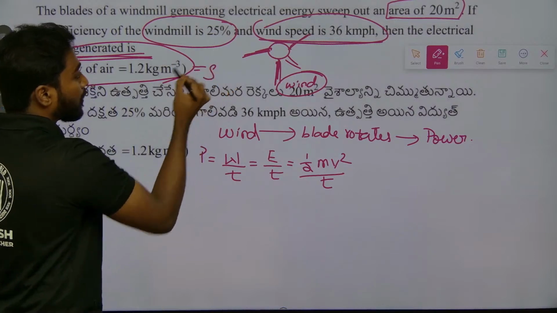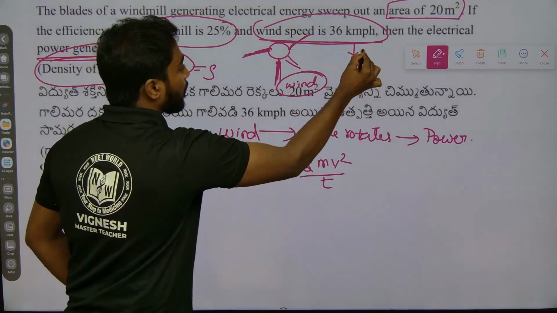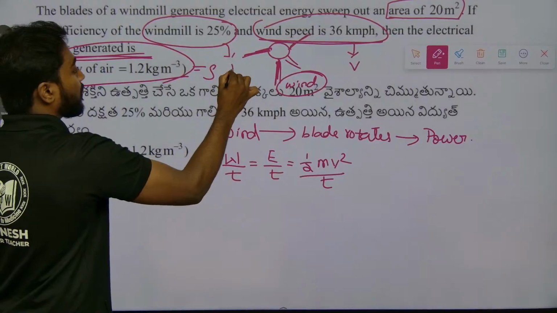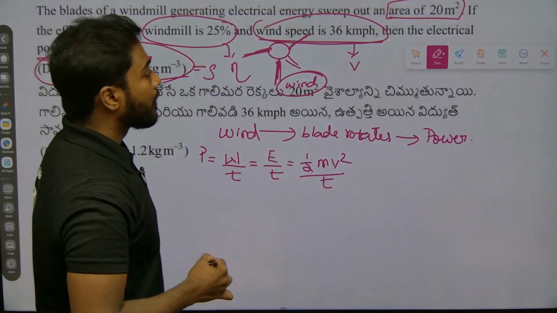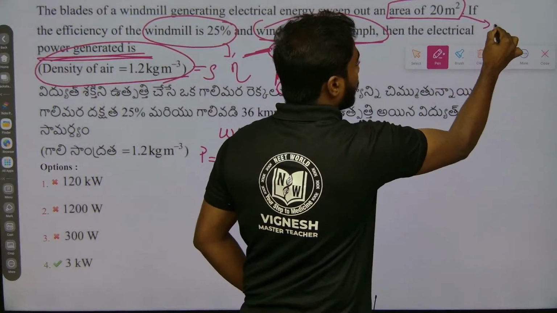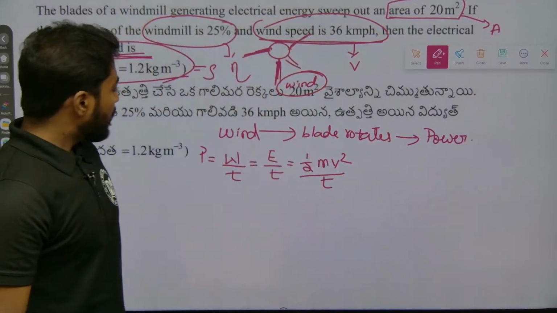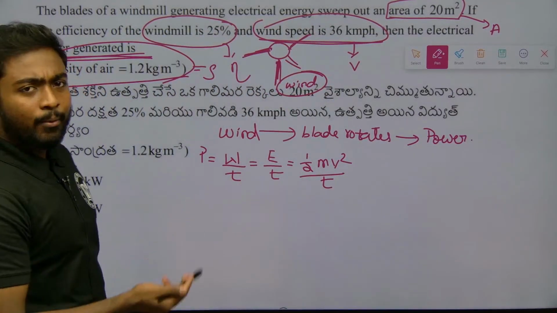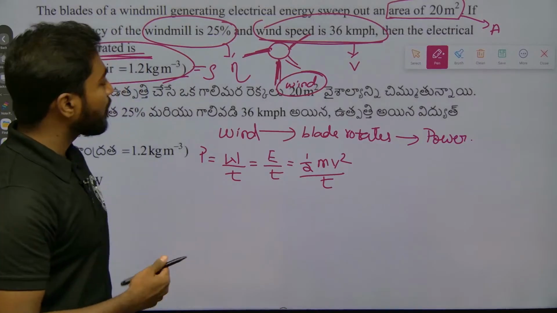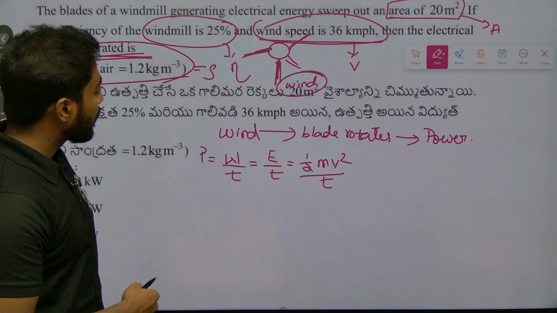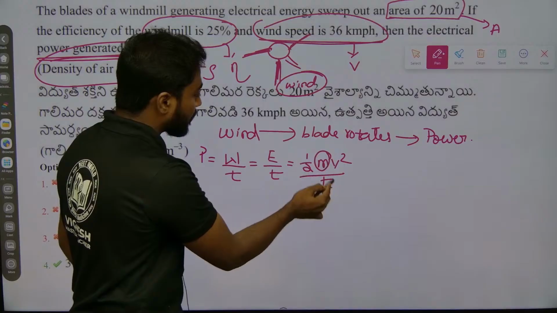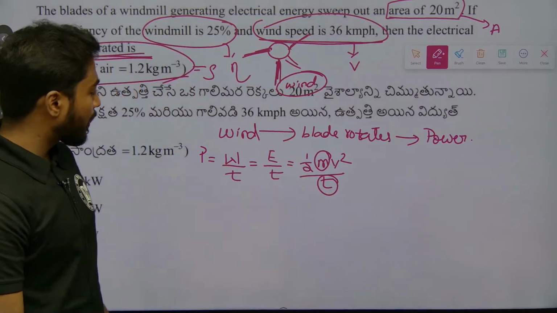So this is density, this is velocity, this is efficiency eta, and this is area A. Sir, area, efficiency, density and velocity are given, but what about the mass and time? They have not given them, right?